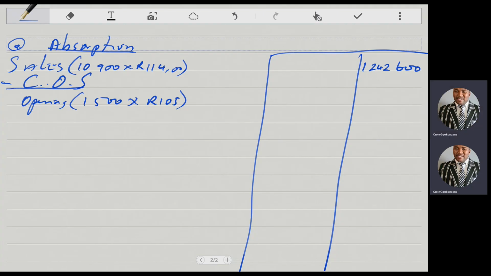Opening gives you 157,500, plus your production.